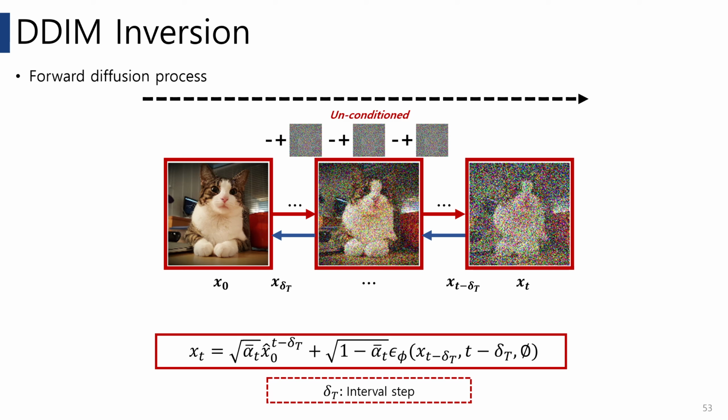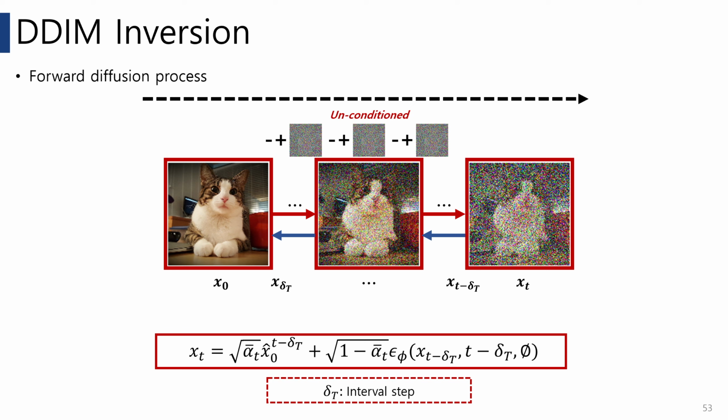The ultimate goal of DDIM inversion is to add noise to the rendered image to create a noisy latent. In other words, it means performing a forward diffusion process. However, to achieve this using the UNet's predicted noise, the process starts from the rendered image x0.